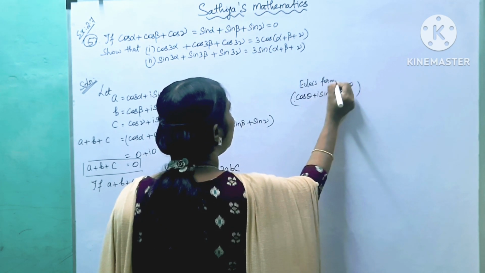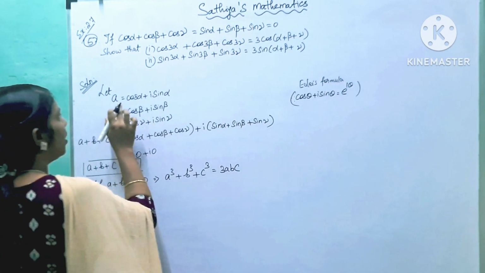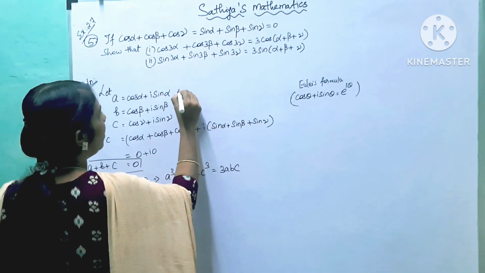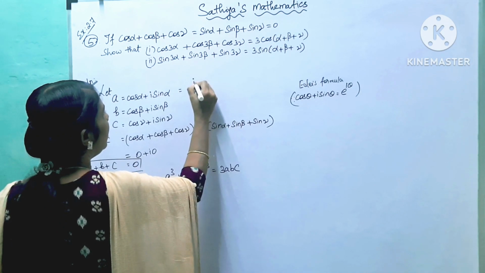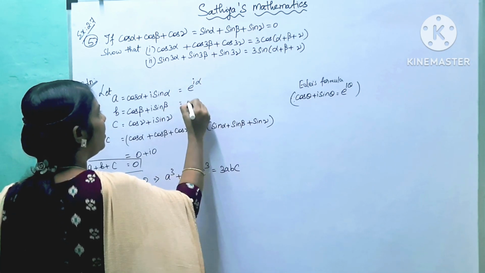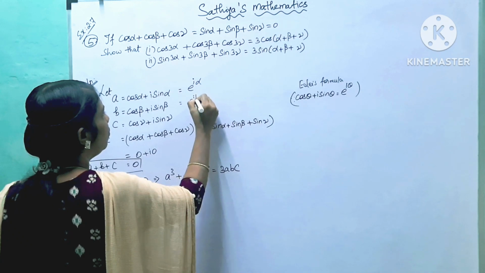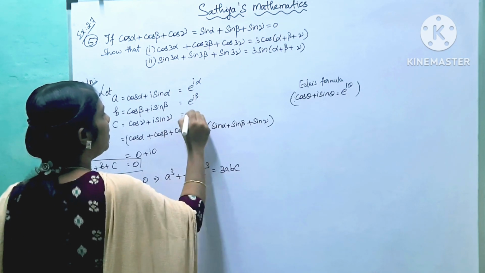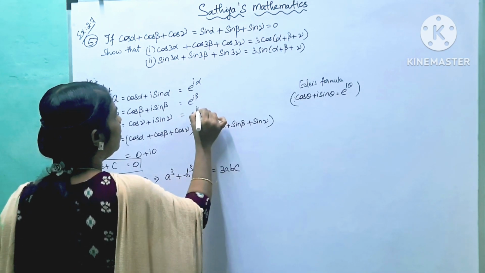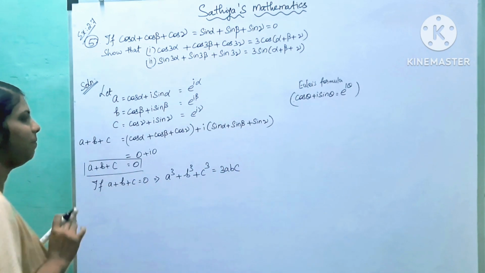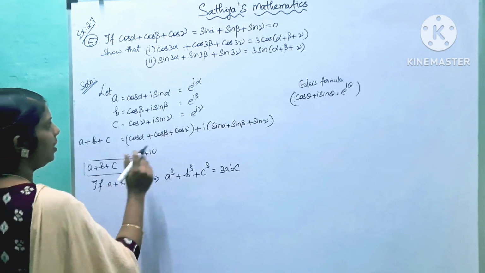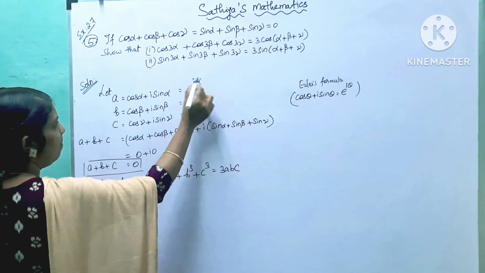Using Euler's formula, cos alpha plus I sin alpha can be written as e power I alpha. Similarly cos beta plus I sin beta is e power I beta, and cos gamma plus I sin gamma is e power I gamma. So A we can write as e power I alpha.